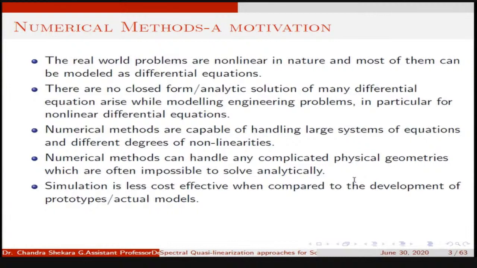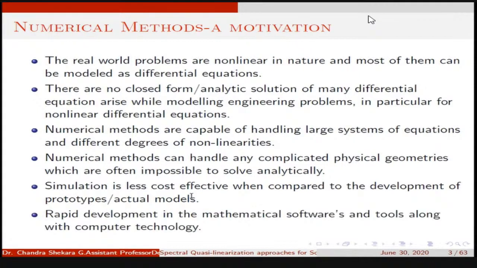So instead of developing actual models, if we develop a prototype or simulate by using computer technology, then it will be more cost effective. Therefore, numerical methods are used for simulation, and if we do the simulation before developing actual models, it will be more cost effective.